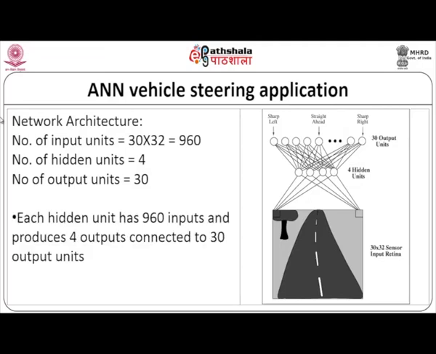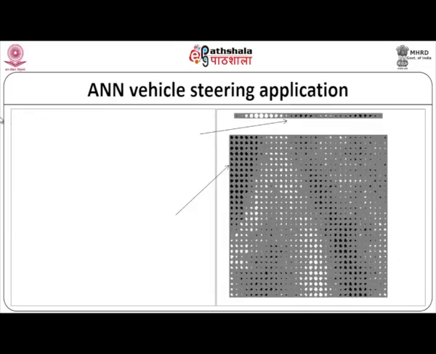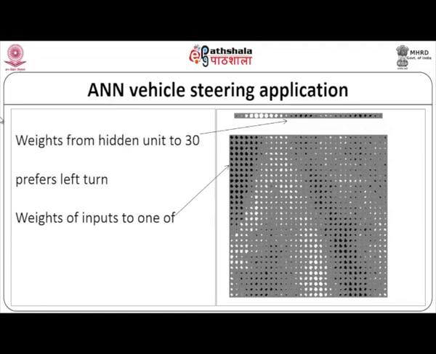Each hidden unit has 960 inputs and produces 4 outputs connected to 30 output units. That is the meaning of this, and each output unit corresponds to a steering direction. So, of the 30 outputs, each corresponds to a steering direction. The weights of the inputs prefer a left turn, and the weights from hidden units to the 30 outputs are the learned weights.